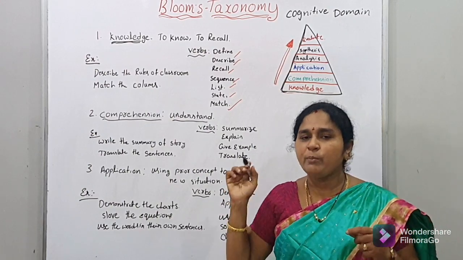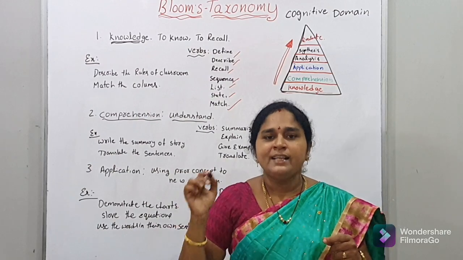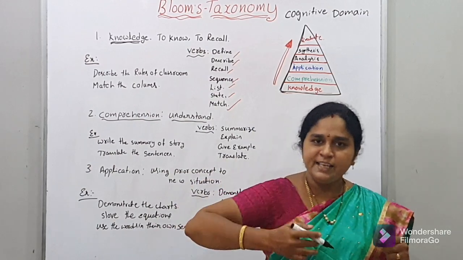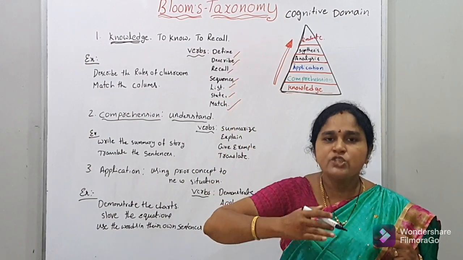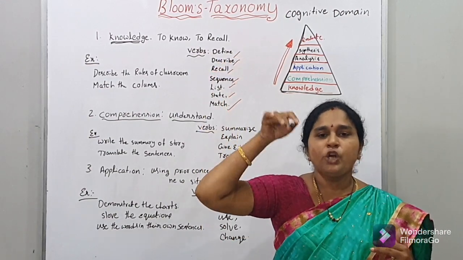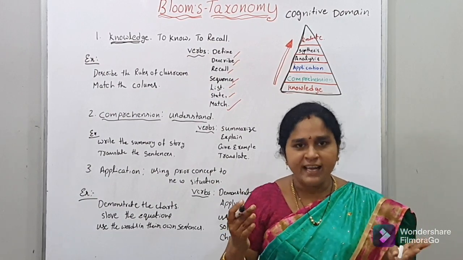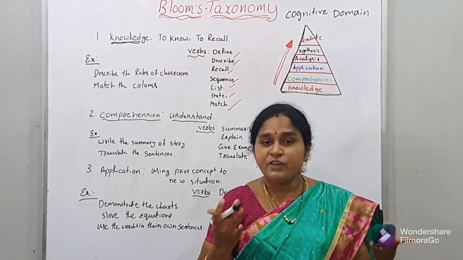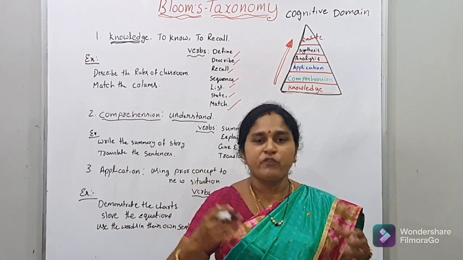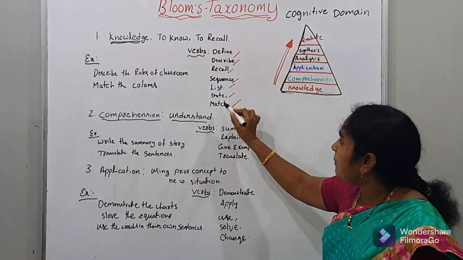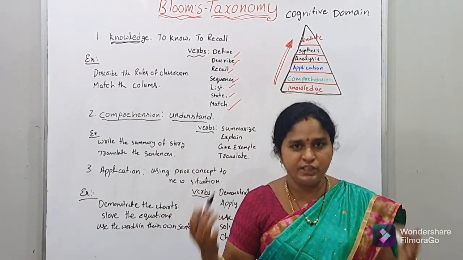In the cognitive domain hierarchy, we evaluate students on knowledge. In the knowledge level, we use verbs like define, describe, sequence, list out. This type of recall question is what we ask in the learning objectives.